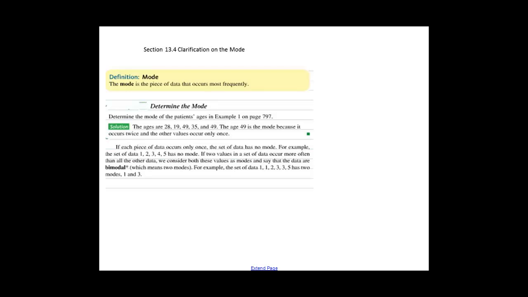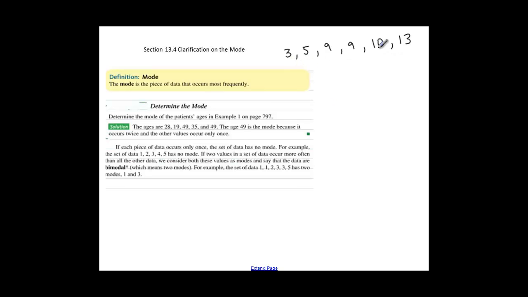So for example, let's say that we had a data set that included the following numbers. And let's say that this was ages of children who lived on your street. So I'm going to list the numbers 3, 5, 9, another 9-year-old, a 10-year-old, and a 13-year-old.